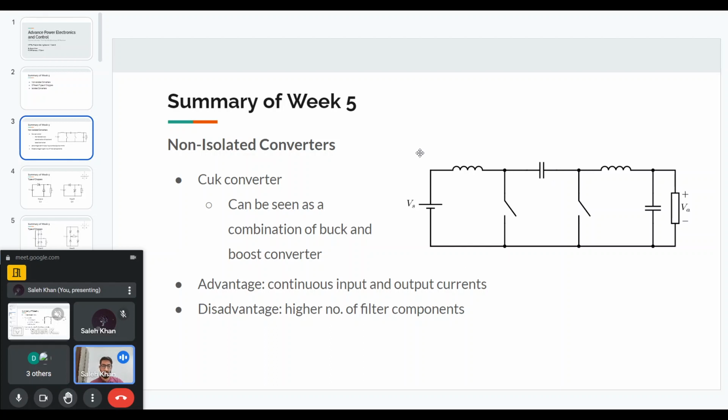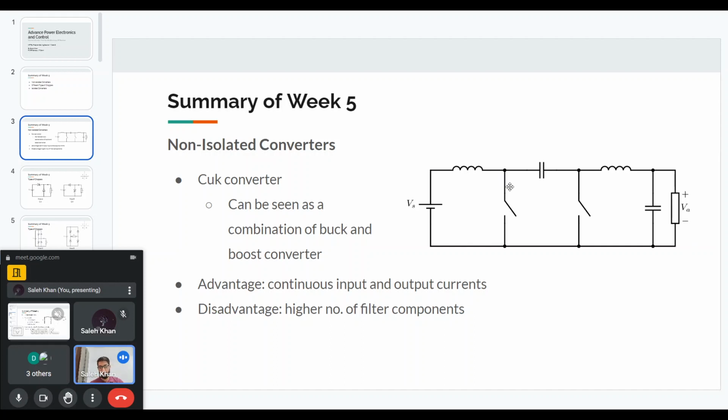So from the start, it has the boost portion. And at the load side, this is the buck portion, the LC filter and the diode which will be here. So this is the buck portion. And by having these two portions, that is how we get the buck boost functionality in this converter.